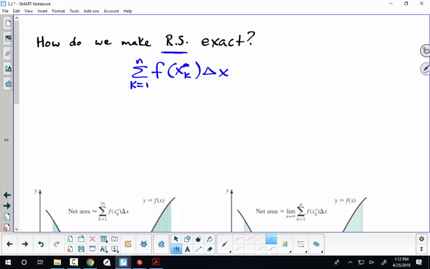So we have f of x star sub 1 times delta x plus f of x star sub 2 times delta x, and so on, right? It's just a compact way to write that. But what is the f of x star referring to?